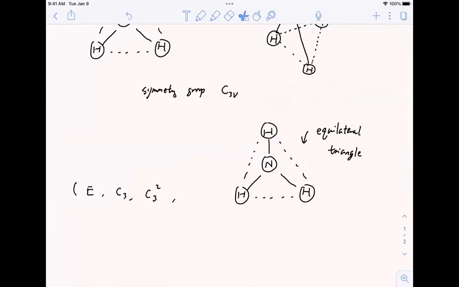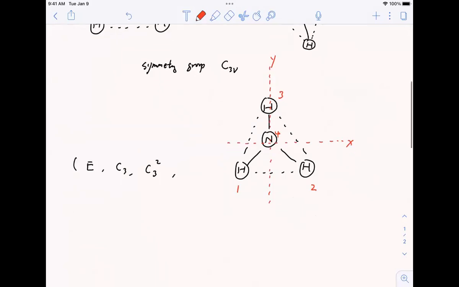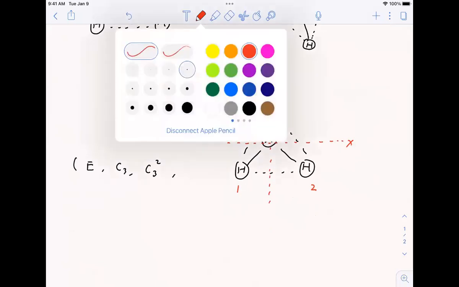If you view this, then you can draw the x-axis, and then Y. And then you just name the atoms 1, 2, 3, 4. You just give the number label to the atoms. So let's define the operations.